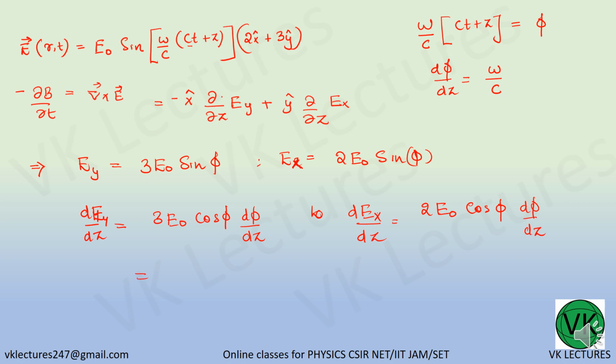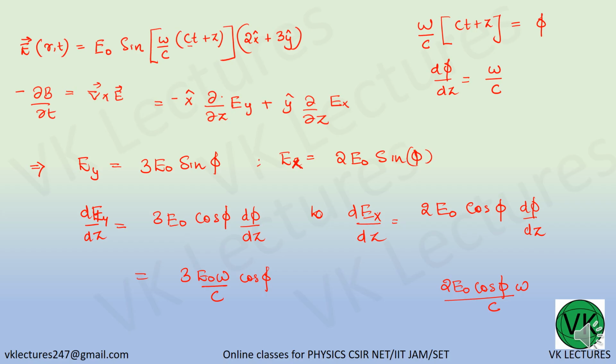Now replacing d phi by dz with omega by c, we get 3 E naught omega by c into cos phi, and here we have 2 E naught omega by c cos phi.